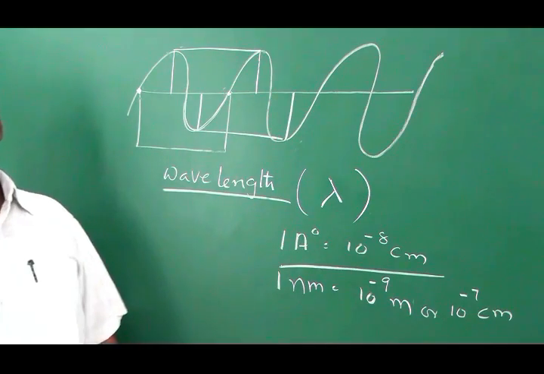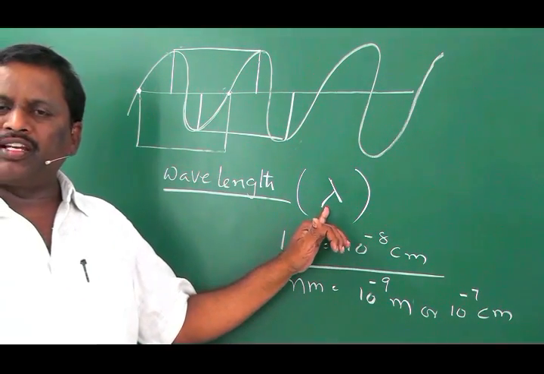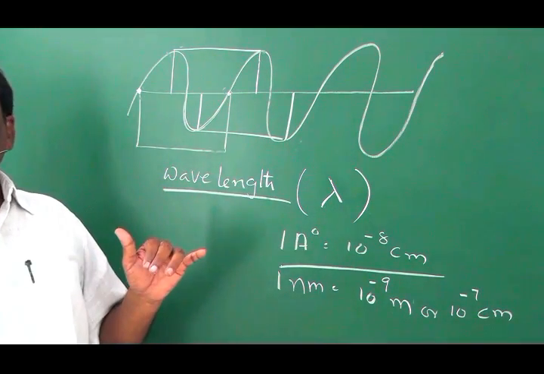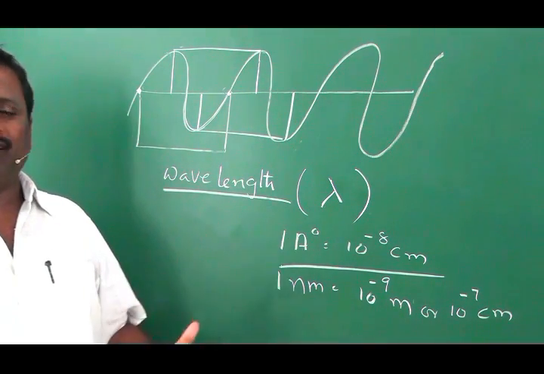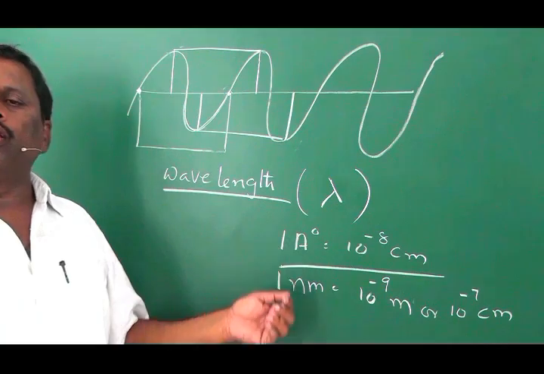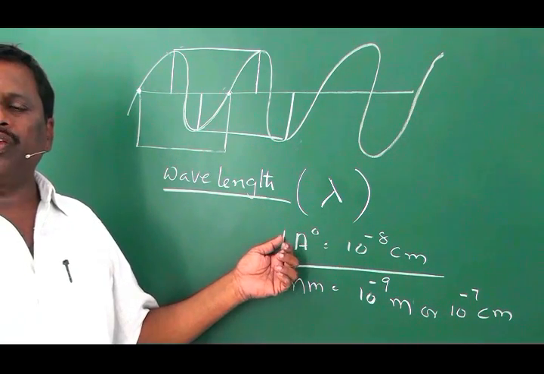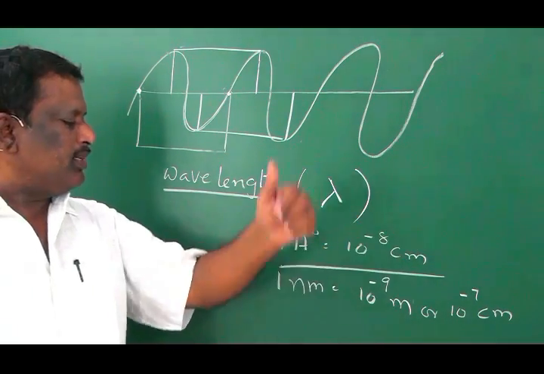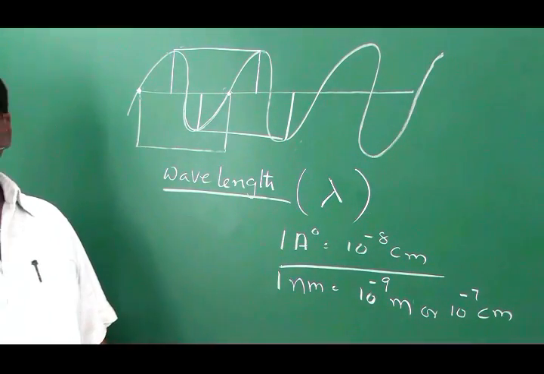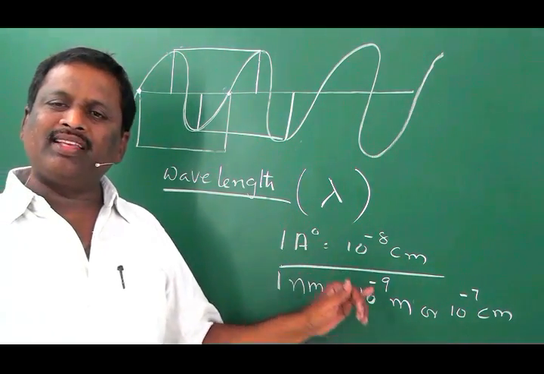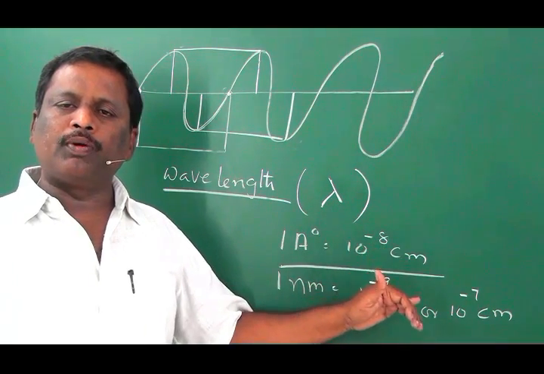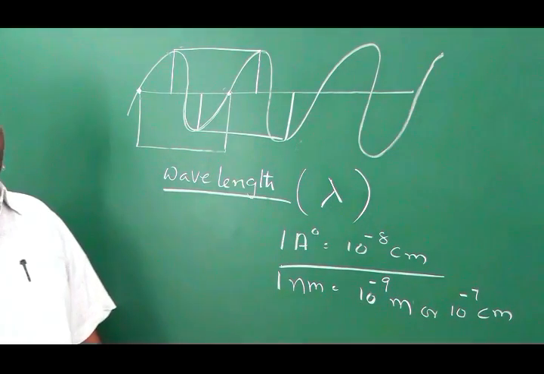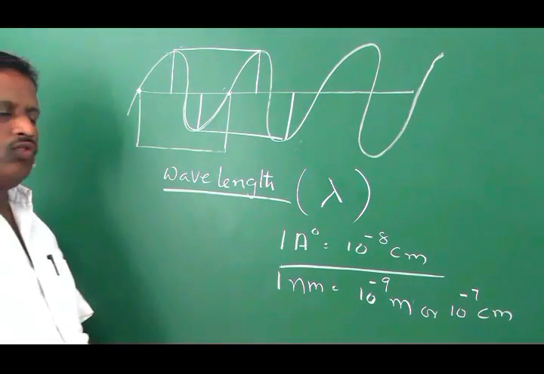This wavelength is represented by lambda, and the units to express wavelength are angstrom units or nanometers. 1 angstrom is equal to 10 to the power minus 8 centimeters, whereas 1 nanometer is equal to 10 to the power minus 9 meters or 10 to the power minus 7 centimeters. This is the first property, that is wavelength.